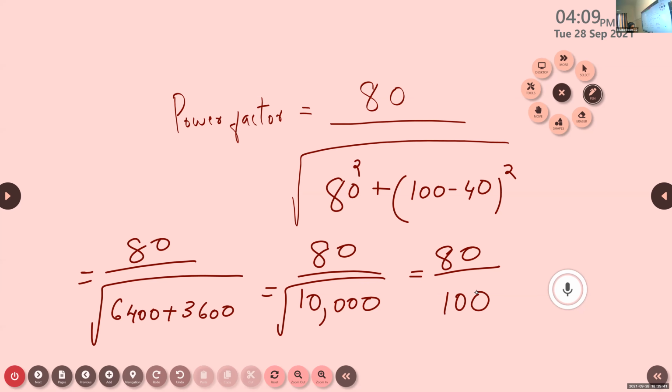So it becomes 80 divided by 100, that is equal to 8 by 10, which is 0.8. Is there any option like that?